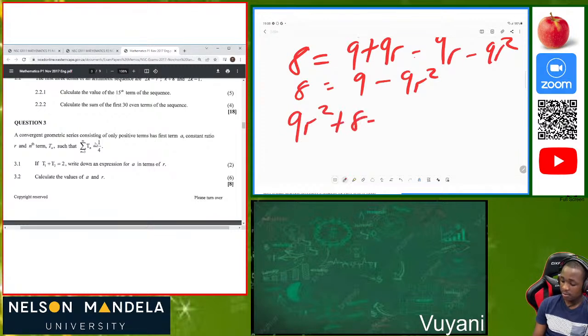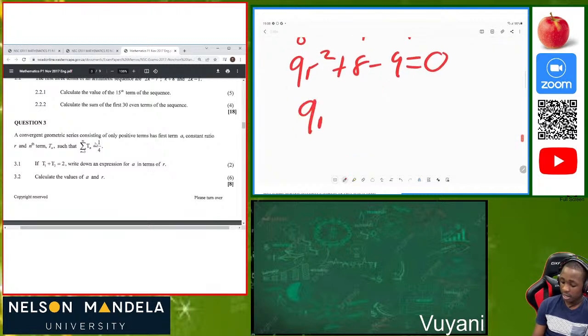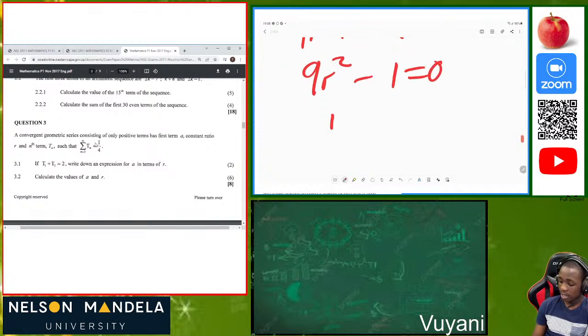Then plus 8 minus 9 is equal to 0. Then we have 9r squared, then 8 minus 9 is negative 1, is equal to 0. Then again our r squared will be equal to 1 over 9. Manipulate to transpose 1 to that side and divide both sides by 9.